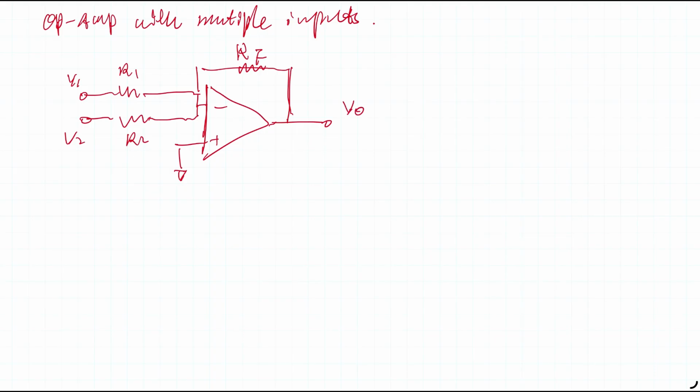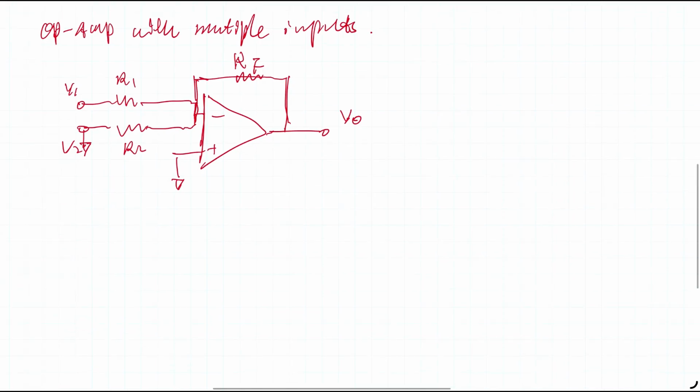Now, V1 and V2 are two voltage sources. The way to analyze this circuit is to analyze V1 first, and assume V2 is connected to the ground. Because of the op-amp principle, this node will be at the same potential as that node, so this will also be 0.